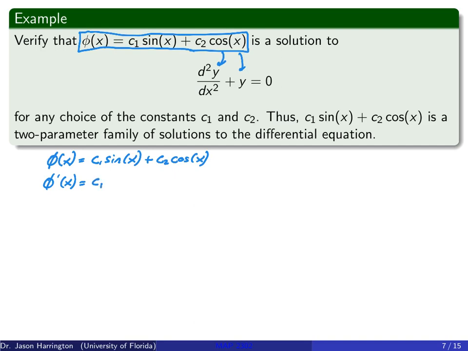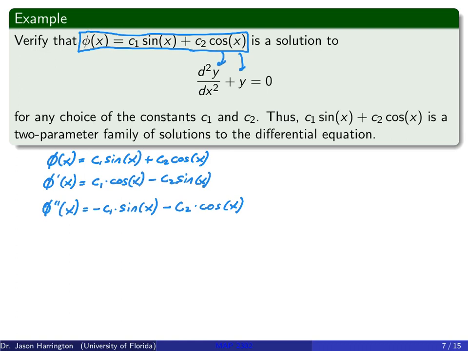So I have c sub 1 times cosine of x minus c sub 2 of sine of x. And then the second derivative is going to equal negative c1 times sine of x minus c sub 2 times cosine of x. And again, I'm just going to substitute this back into the original equation and see what happens.